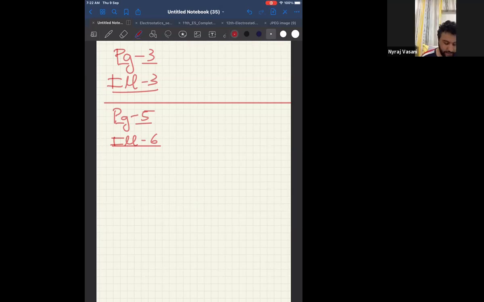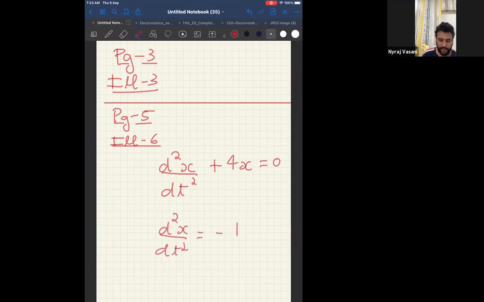Now in that illustration 6, what they have said is d square x by dt square plus 4x is equal to 0. I can write d square x by dt square is equal to minus 4x. Can I write it like this?